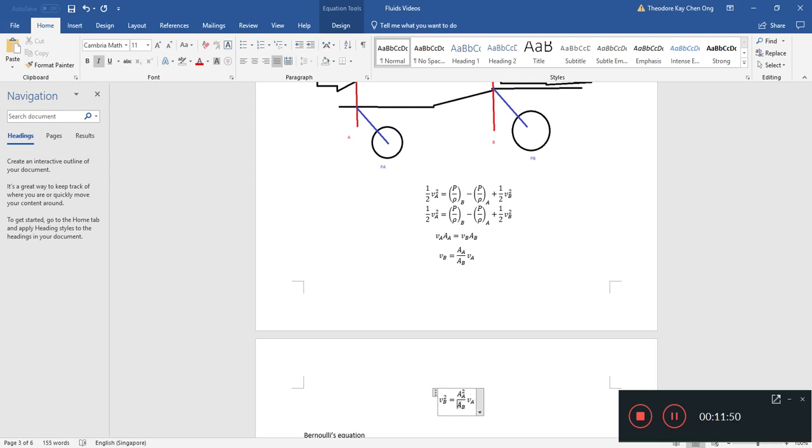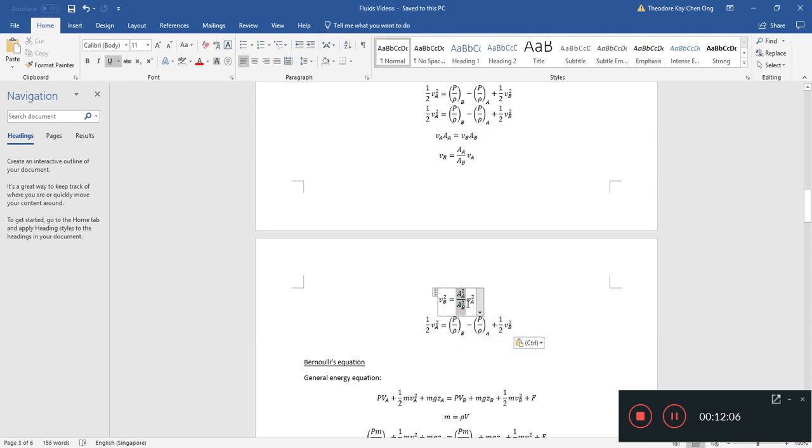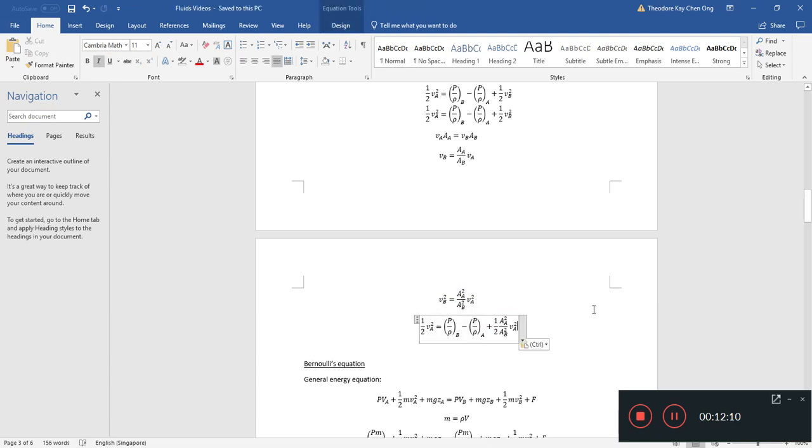So I'm just going to square all the terms. It's a very slow way of doing it. So all this is going to get substituted by this. The only thing to do is to factorize these terms together.